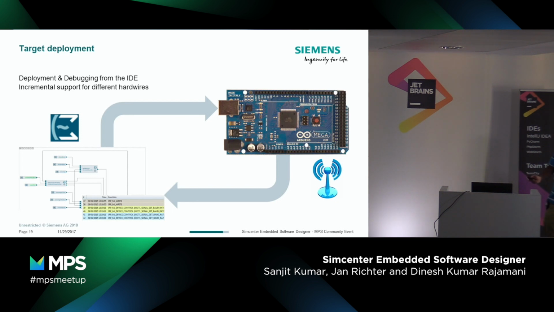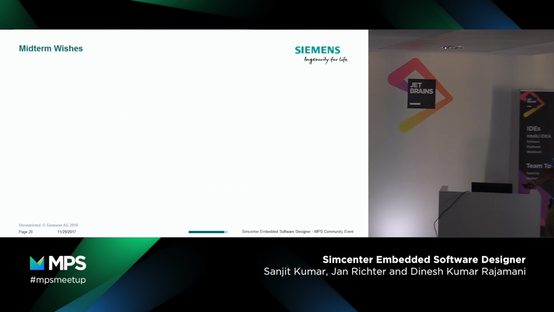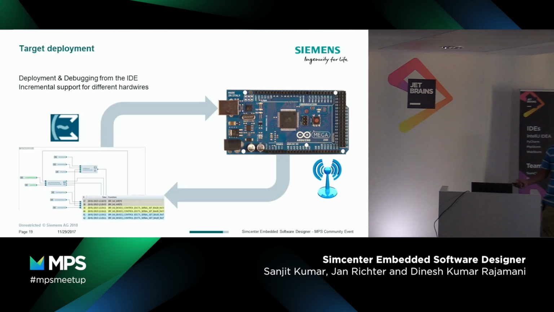One more thing I want to add for the web part: when you go to a customer and speak about using a DSL, projectional editing and all these things, they understand, but they don't pay much attention.